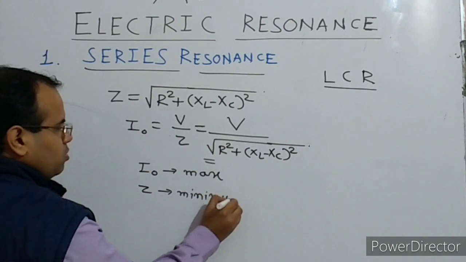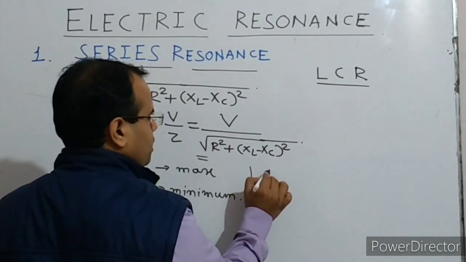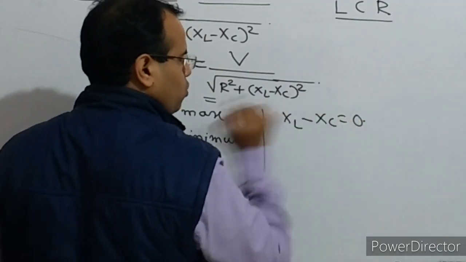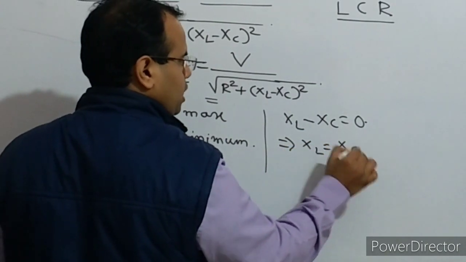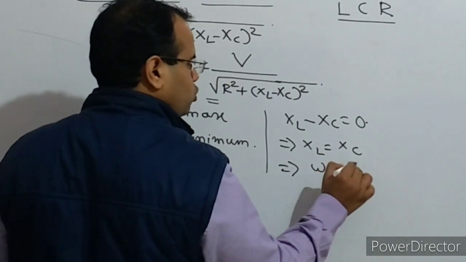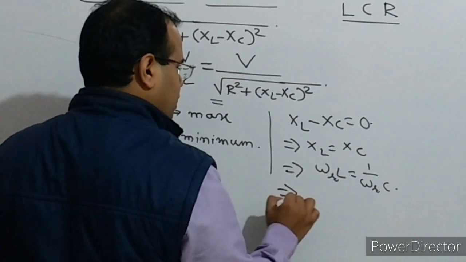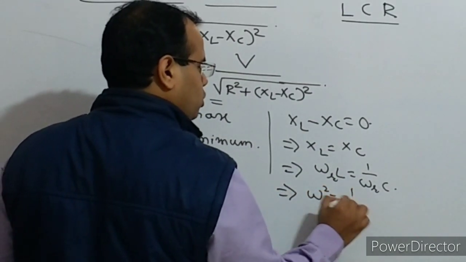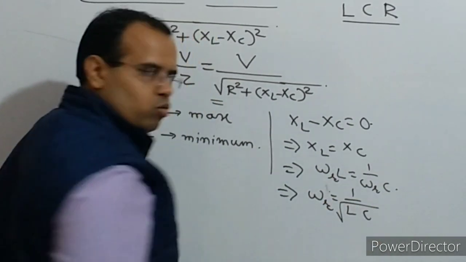And for Z to be minimum, XL minus XC should be 0, and this implies XL should be equal to XC, and this implies omega_R L should be equal to 1 upon omega_R C, and this implies omega_R square should be equal to 1 upon LC, or omega_R equals 1 upon root LC.